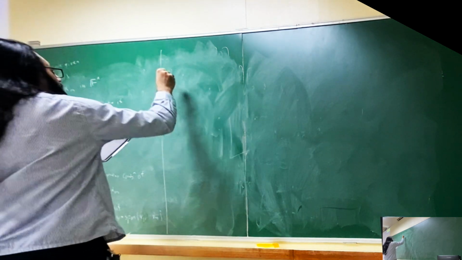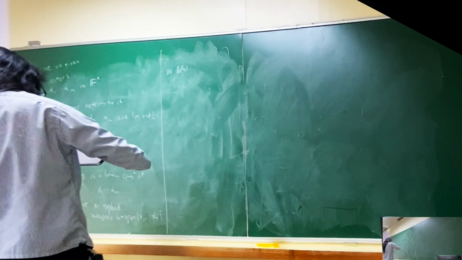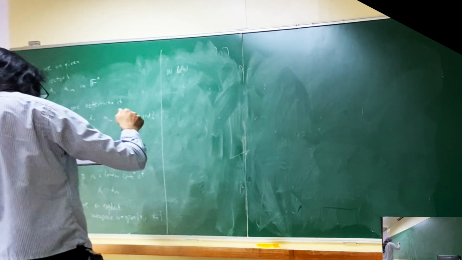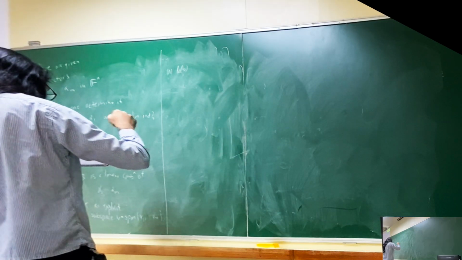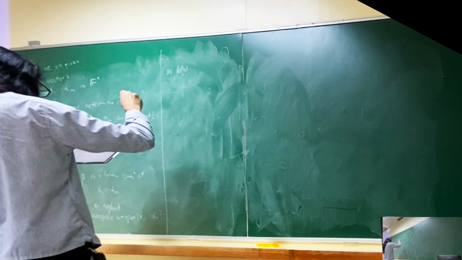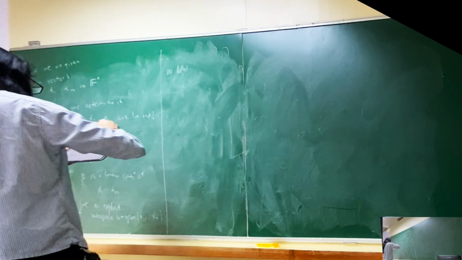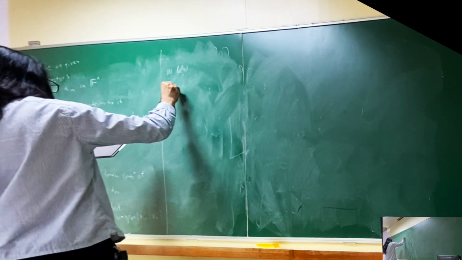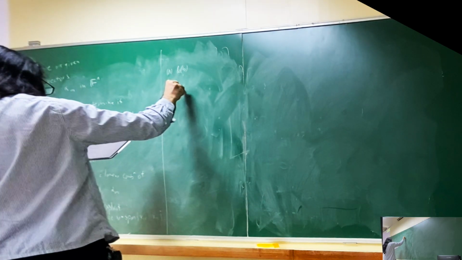So for both A and B, we have done some calculations, and we found that one can write an arbitrary vector. So suppose beta is some arbitrary vector.